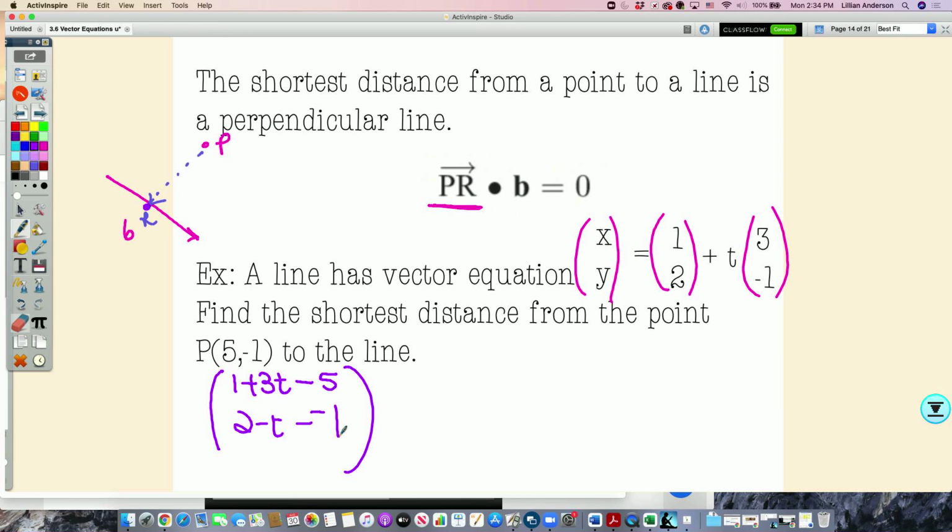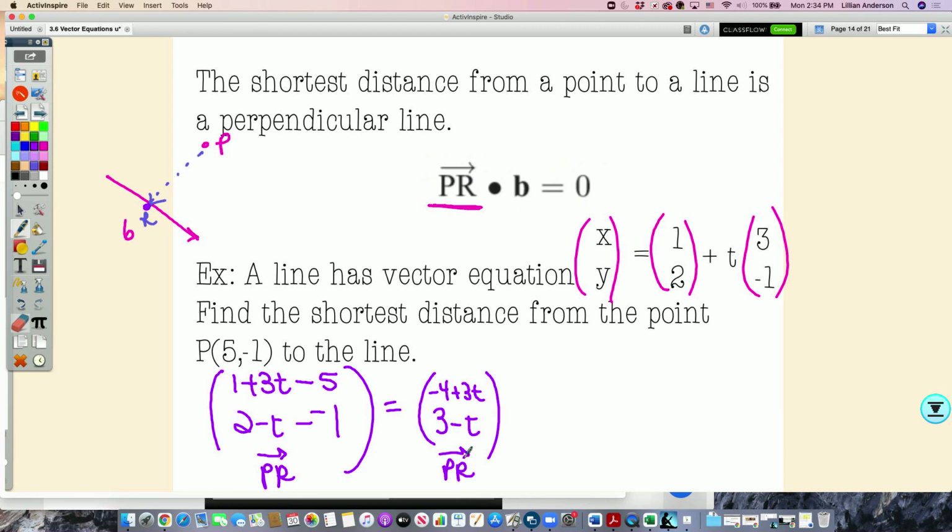We are doing r minus p to find vector PR. This will give us an expression, which is fine, okay? This will give us an expression. And then we use that expression and do the dot product with B. So when we simplify this, this gives us -4 plus 3t and 3 minus t. That is vector PR.